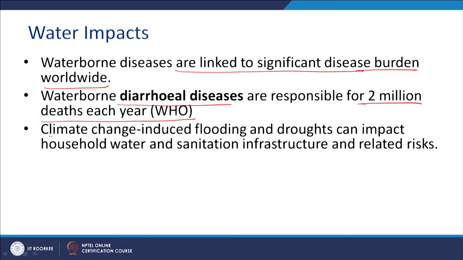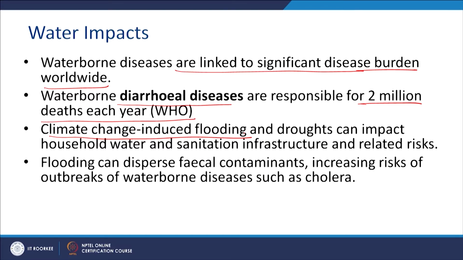Then there is climate change induced flooding we have seen in the recent past in Indian cities and other cities. Flooding can disperse fecal contaminants, increasing the risk of outbreaks of waterborne diseases. So, these are not a recurrent or regular problem throughout the months, but during the rainy season there could be urban flooding because of water logging, and during that urban flooding water mixes with the fecal contaminants, which also creates pollution and disease.